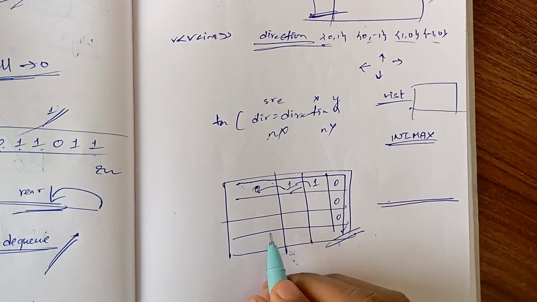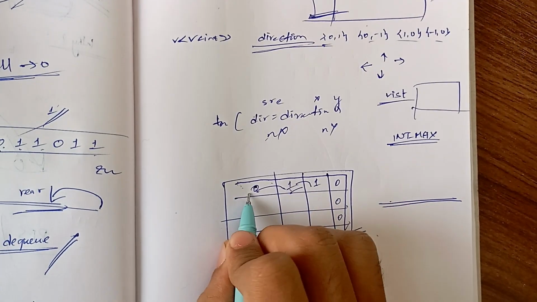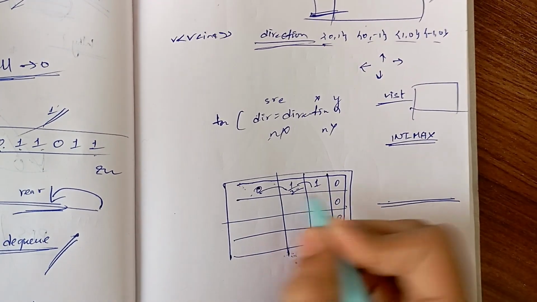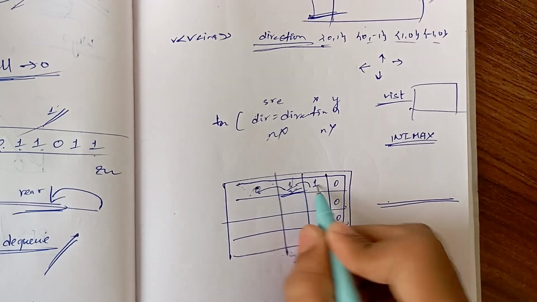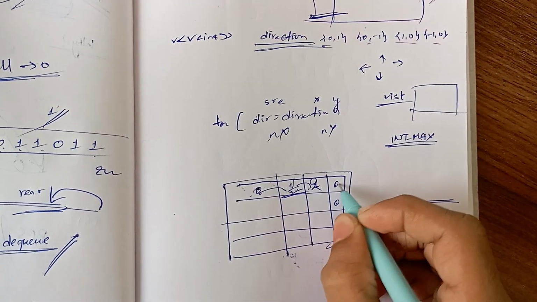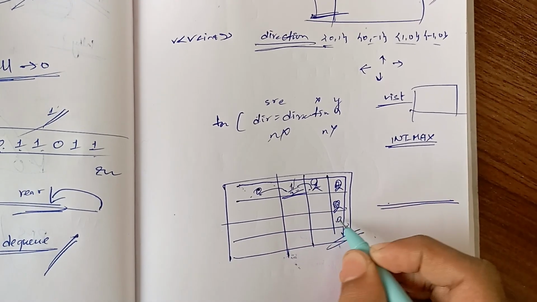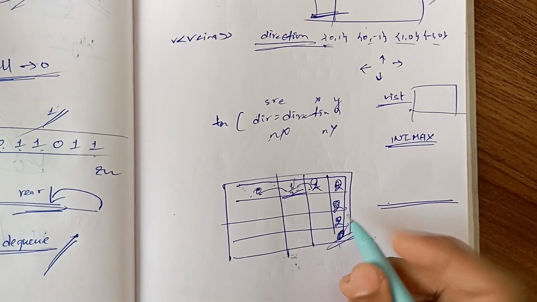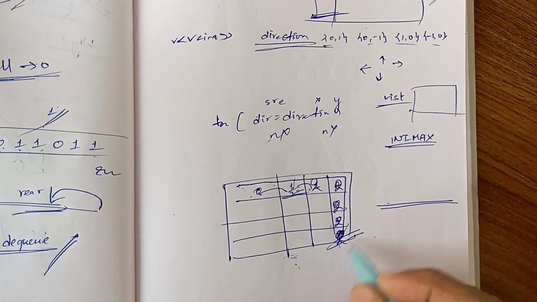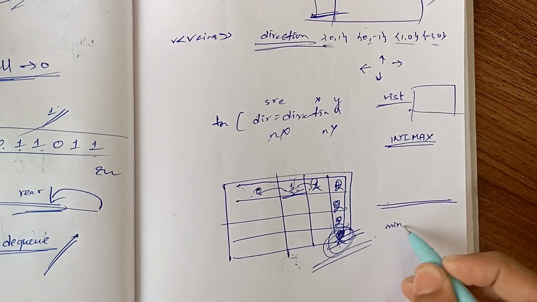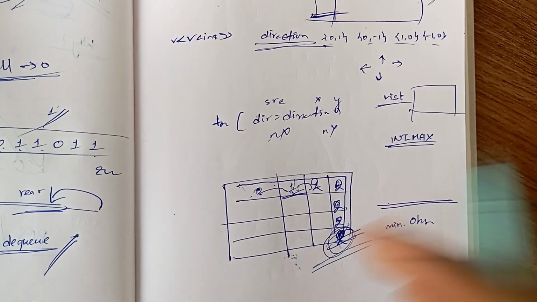But instead, if I add the previous element here, 0 plus 1 is 1, and then 1 plus 1 will be 2 here, and then 2 plus 0 is 2, 2 plus 0 is 2, 2 plus 0 is 2, and here the destination is already an empty cell, so it will be 2. So we got our answer. 2 is the minimum obstacles that need to be removed in the first example.